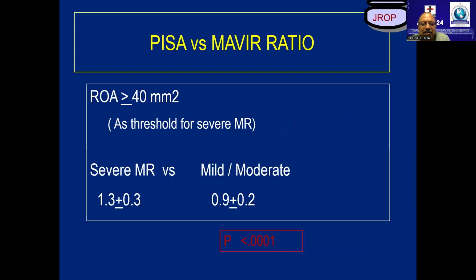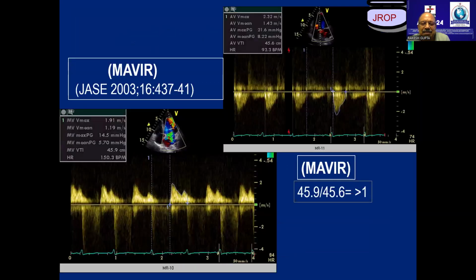A very simple method, which I always recommend, is to look at the velocity integral ratio across the mitral and aortic valve. I told you a dimensionless index of aortic stenosis. This is a dimensionless index of mitral regurgitation: the mitral aortic velocity integral ratio.